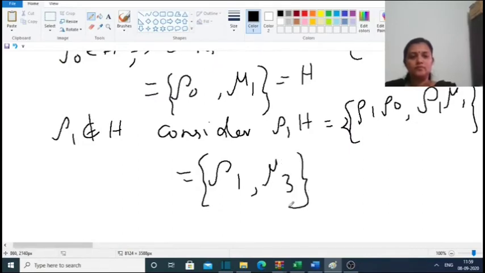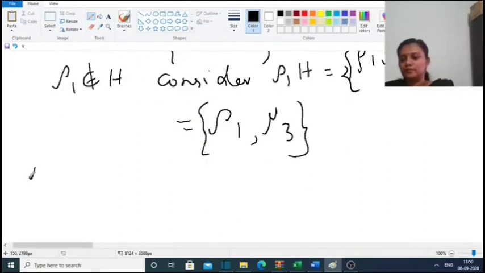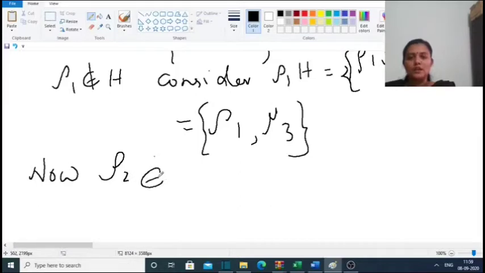Now rho 2 is not an element of H union rho 1 H, the two left cosets.